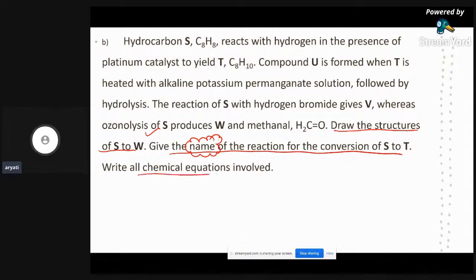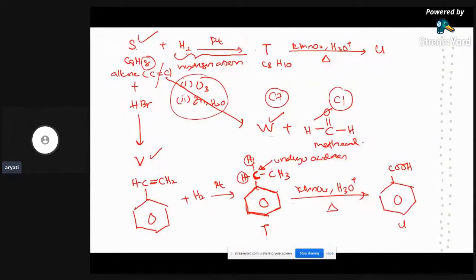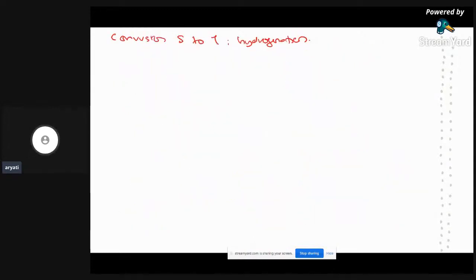Write all the chemical equation involved. Tulis semua persamaan kimia yang terlibat. So actually saya dah tulis dalam flowchart ini, tapi mungkin kalau dalam exam macam ni tak berapa jelas kan. So tak apa, kita akan tulis balik. So bila kita dah dapat compound yang sesuai tadi, S tadi ialah kita dah claim this is the structure for S. So CH double bond CH2 react with hydrogen platinum.